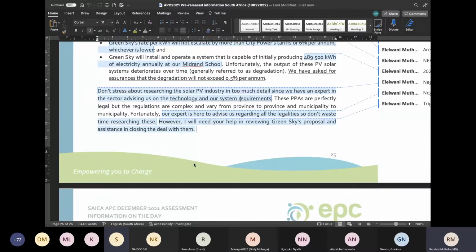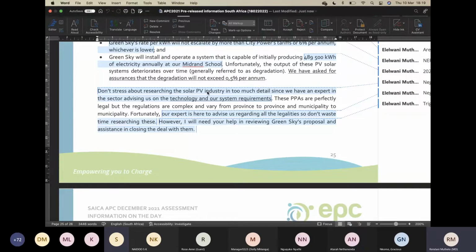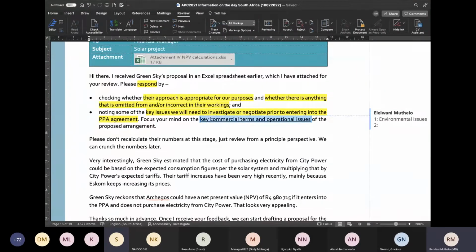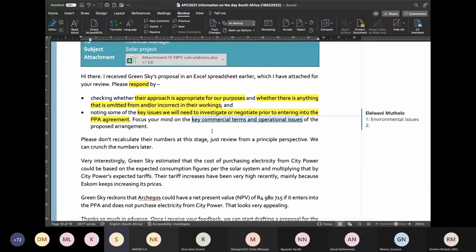So now bringing the two together, because remember the PRI is still part of the assessment. When Denise said, focus your mind on the commercial terms and operational issues, she was therefore implying that you should not think about the legal.